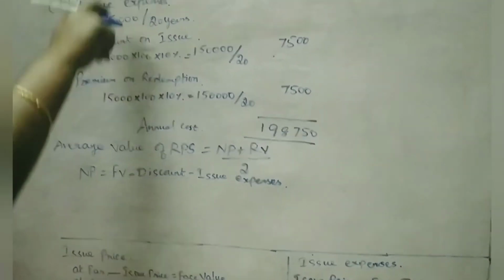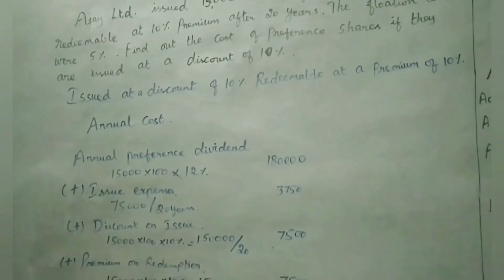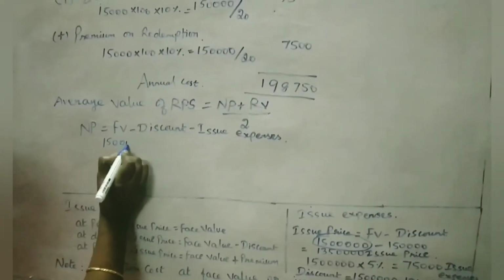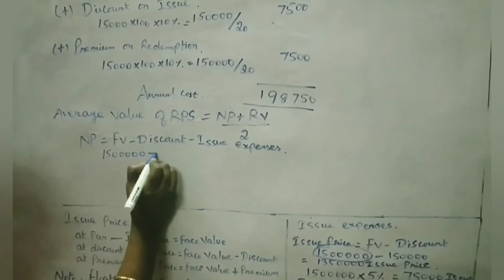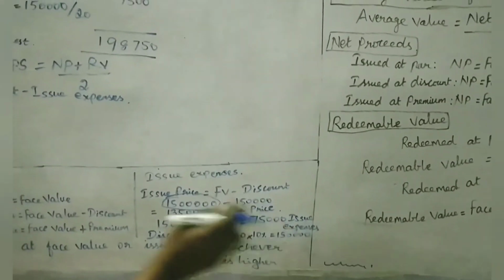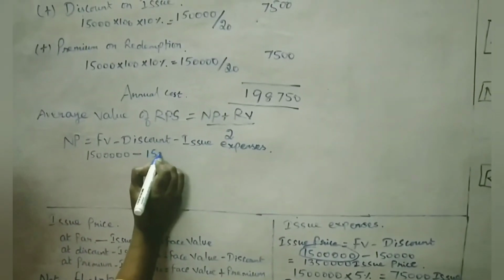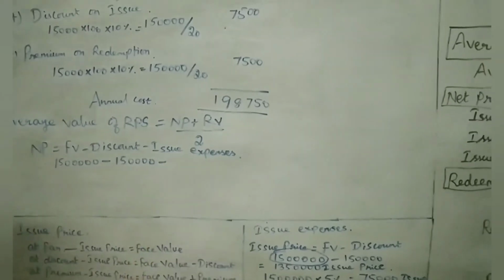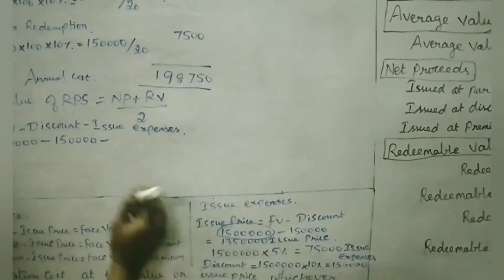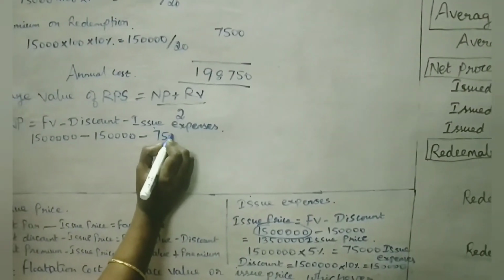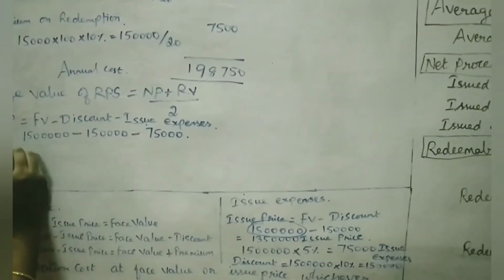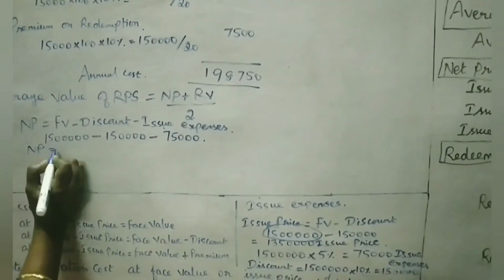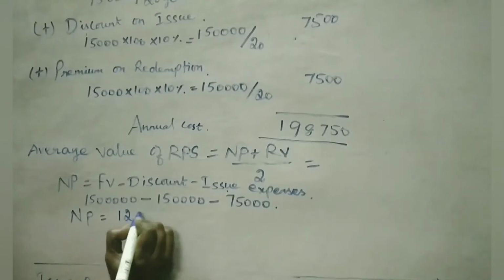Face value of shares is 15,000 into 100, 15 lakhs. Discount is 1,50,000. Issue expenses is 75,000. Net proceeds is equal to 12,75,000.